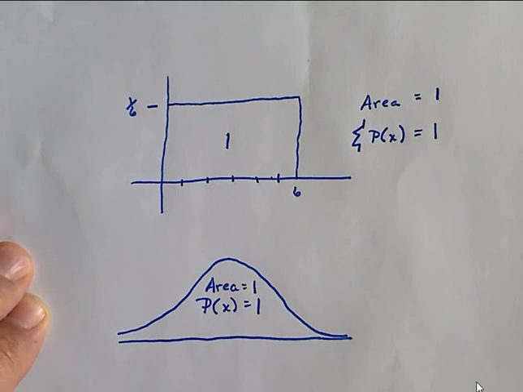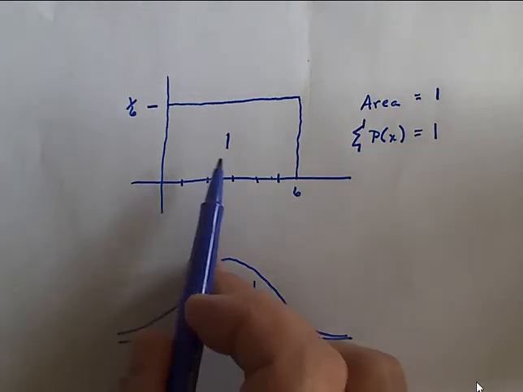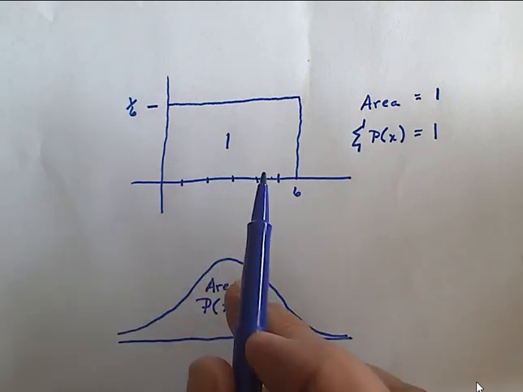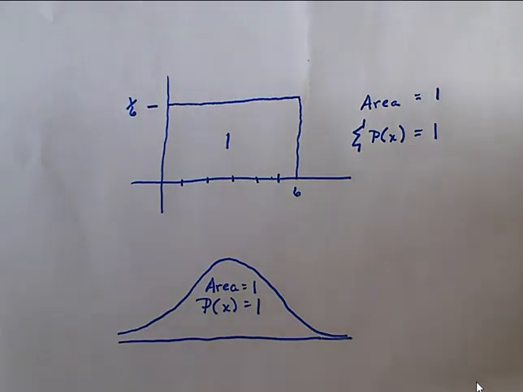Let me see if there's a couple other things I need to stress, and then we can move on to some exercises. Again, area under the curve, just like when we added up all the probabilities in the binomial distributions, those had to equal 1, so do these. That's a very important part of this.